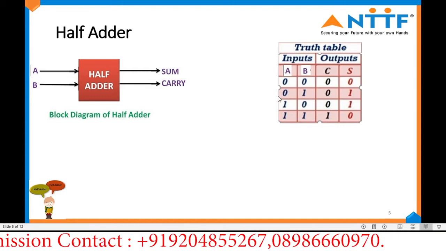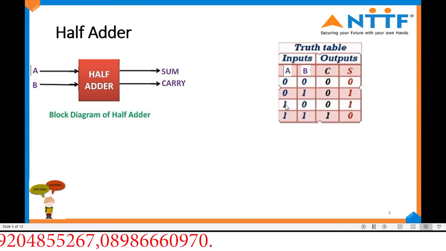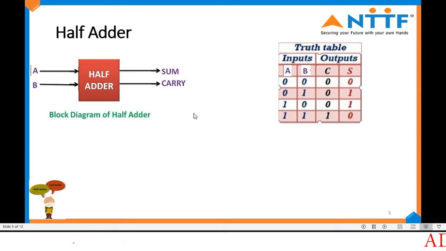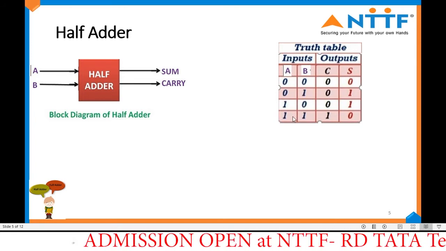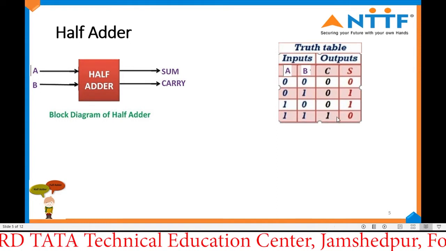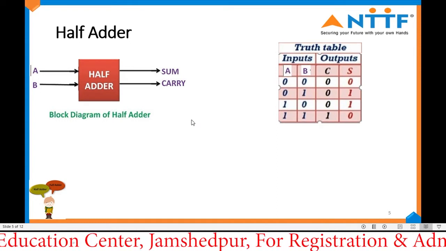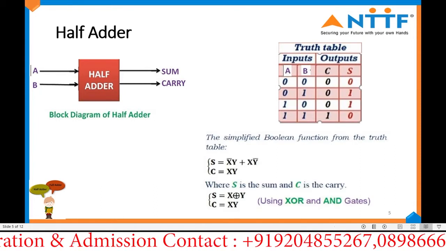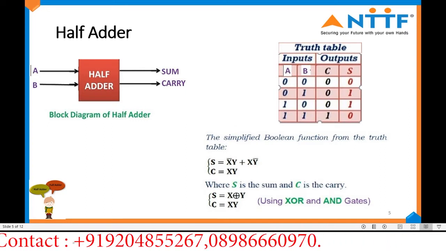Next, if input A is high and B is low, then, as you can see in the truth table, the carry is low and the sum is high. And lastly, if both inputs A and B are high, then the output of carry is high and sum is low.